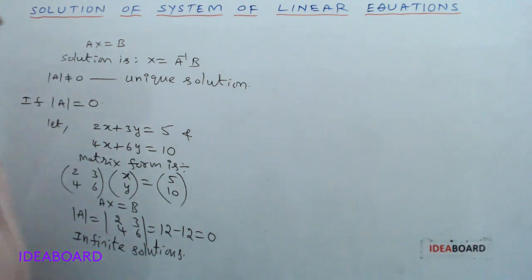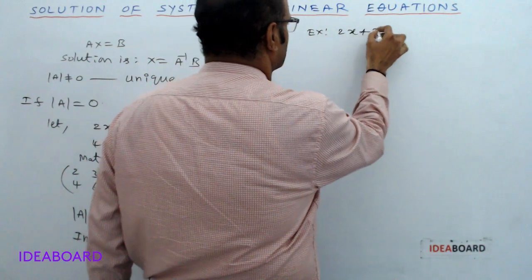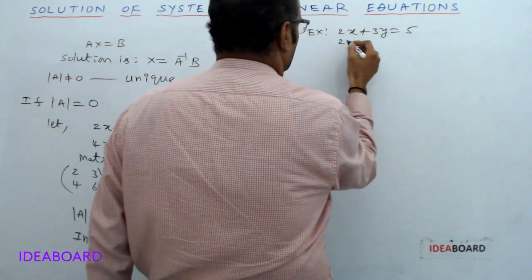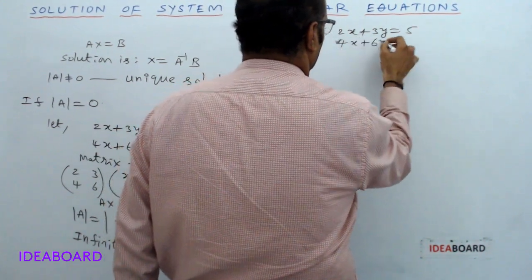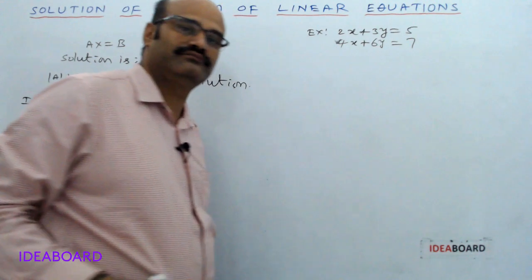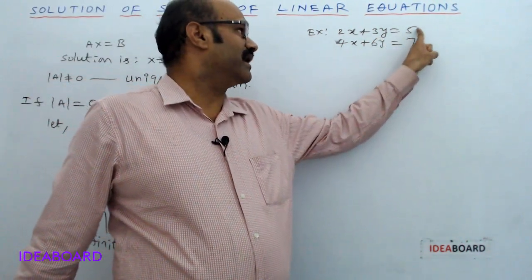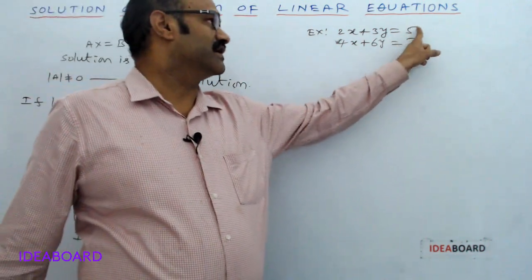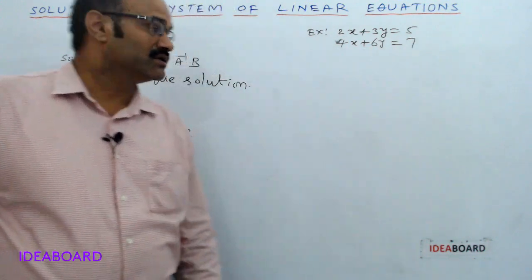Suppose you take 2x plus 3y equal to 5, 4x plus 6y equal to 7. These two lines are parallel lines but non-coincident.